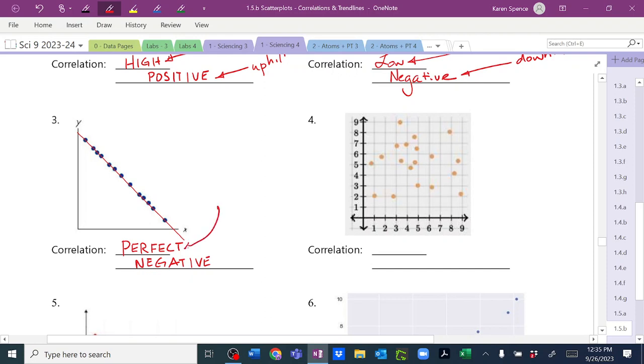All the dots are on the line. And it's going downhill, so it's negative. How about number 4? We've got no correlation. It's just random.